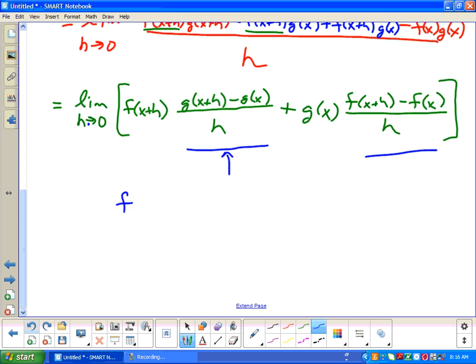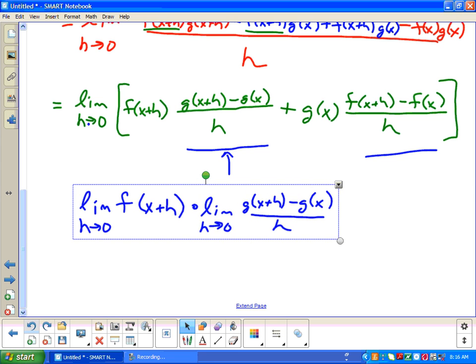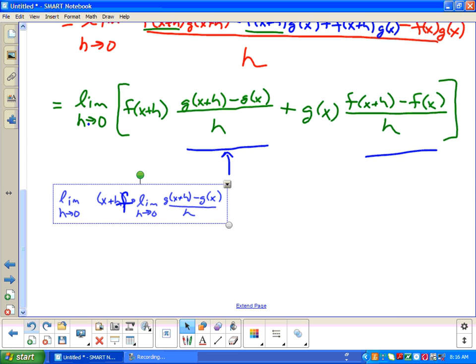So I got the limit as h approaches 0 of f of x plus h, times, and I suppose I can write this all out as we see it the first time. We know our limit laws allow us to do this. That's the first term, right? And it's so long, I'm going to need to make it a little smaller.